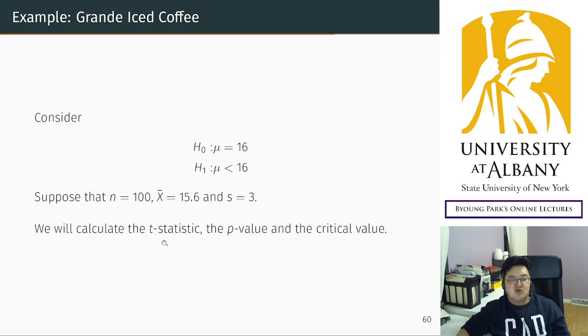So we are going to use the T-statistic, the p-value, and the critical value approach one by one, just to show you how we can carry out a one-tail test. But the basic idea is the same as the two-tail test. Just remember, we are rejecting on the lower side.